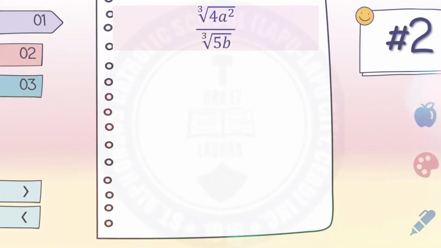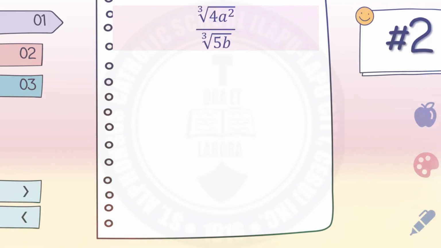Number 2. The cube root of 4a squared over the cube root of 5b. Since you cannot divide the radicands, we need to look for a factor where we can rationalize the denominator. Now, recalling the lesson in our previous WLP 2.5, we have discussed simplifying expressions using the quotient rule with rationalizing the denominator.